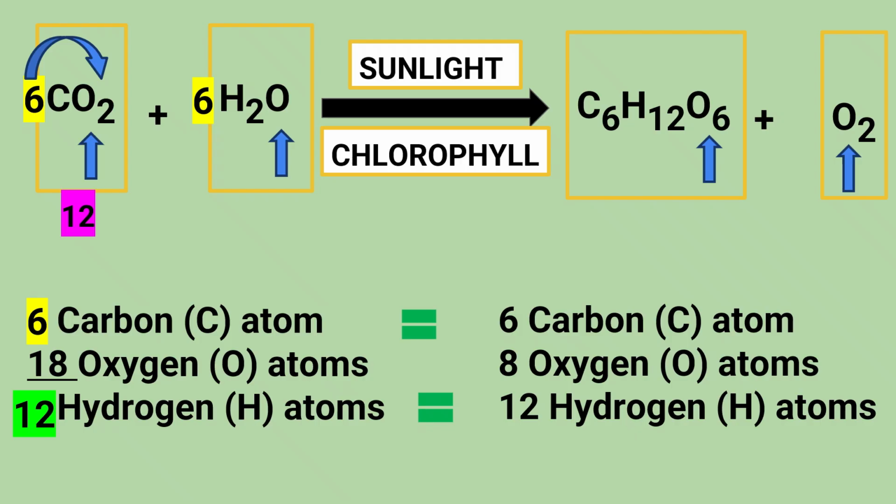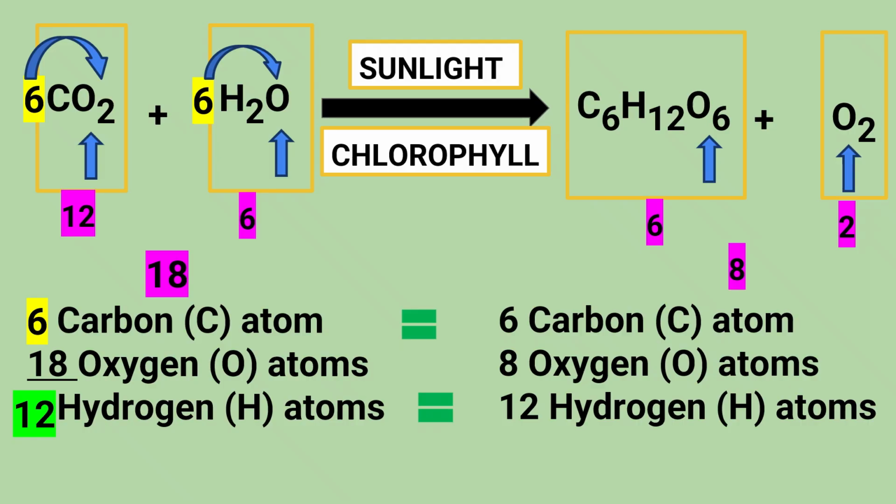And looking at the H2O, there are 6 times 1, which is equal to 6 oxygen atoms, giving a total of 18 oxygen atoms on the reactant side of the equation. On the product side, there are currently 6 oxygen atoms in the glucose molecule, plus 2 oxygen atoms in the oxygen molecule, giving a total of 8 oxygen atoms on the product side of the equation.